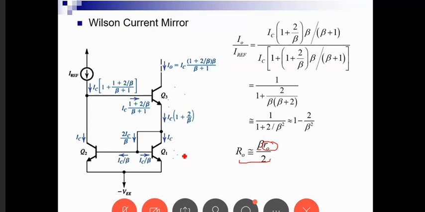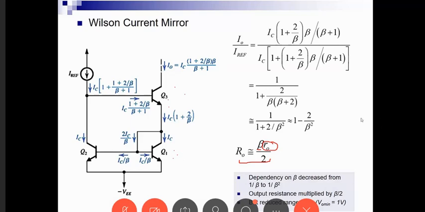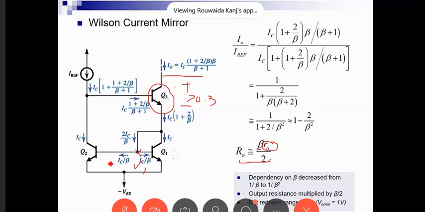Okay, and if they ask me about the VO minimum for this circuit, it is composed of satisfying two criteria. First, Q2 has to be in active mode, meaning this voltage has to be greater than 0.3. Then the other thing is that VBE for this transistor to be on has to be 0.7 volts.